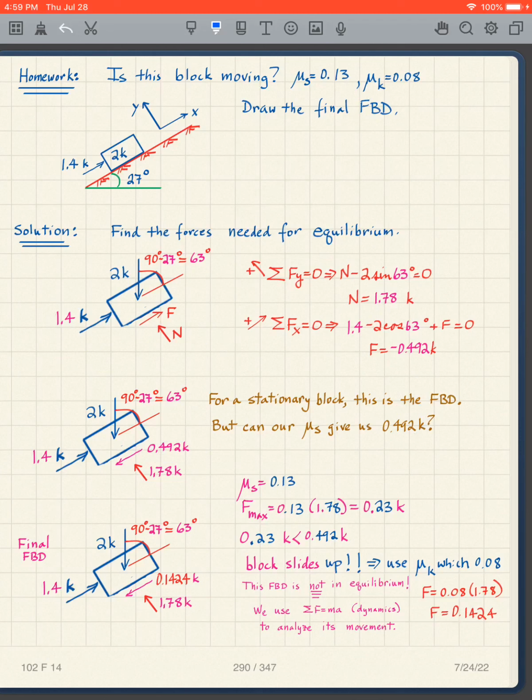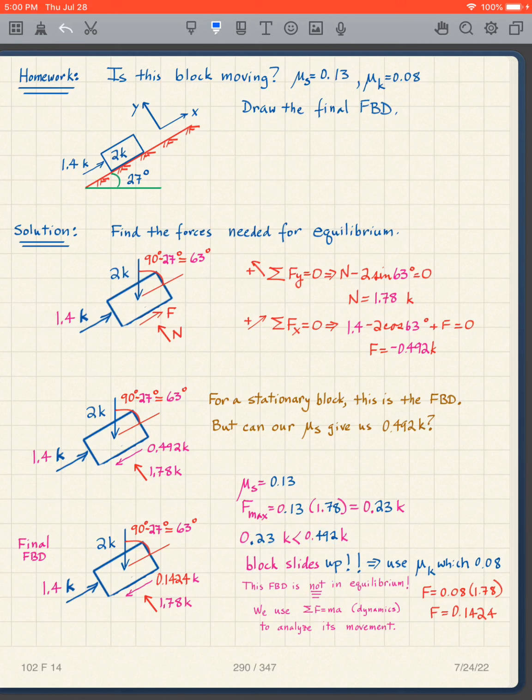So I take the 0.13 times the 1.78, and it's 0.23 kips. Well, I need 0.492 to keep it in equilibrium, so my maximum that I can get is not good enough. So it's going to go upward. In other words, the 0.23 is less than the 0.492.